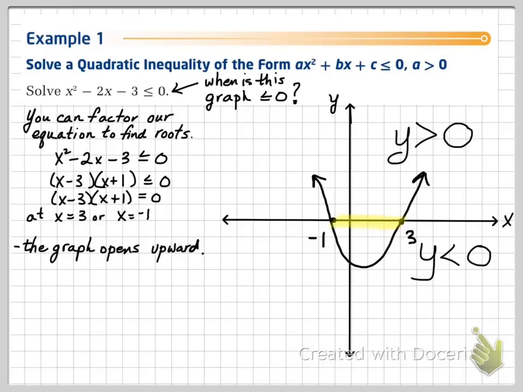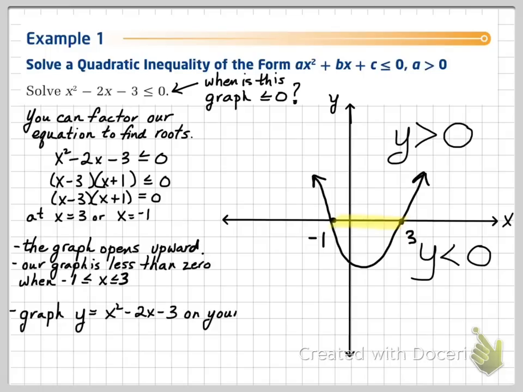So every point between negative 1 and 3, that graph is going to have a value that's less than or equal to 0. So what we're going to say is our graph is less than or equal to 0 when x is less than or equal to 3 and x is greater than or equal to negative 1. You can graph y is equal to x squared minus 2x minus 3 on your calculators to confirm your results.